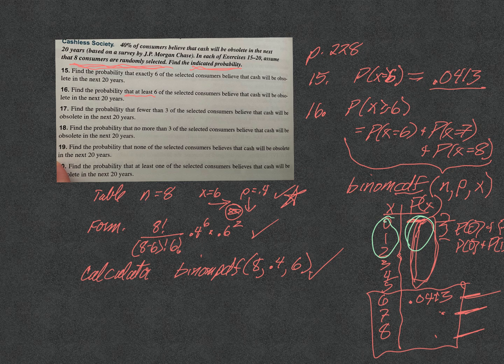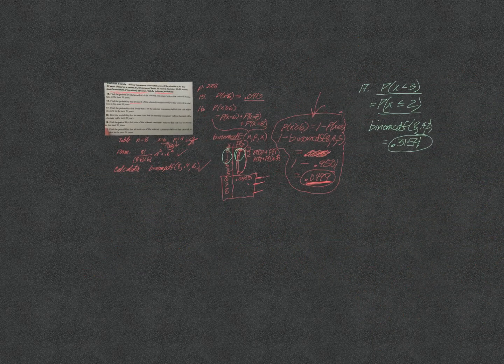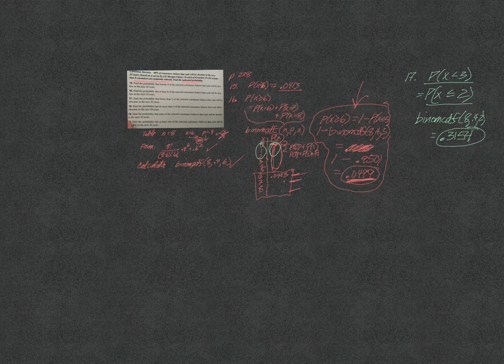Now it says, find the probability that no more than 3 of the customers believe cash will be obsolete. No more than 3. Okay, so what's that one?